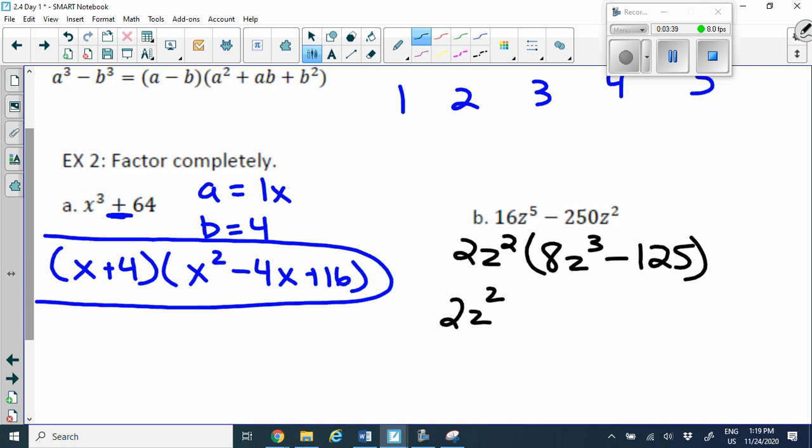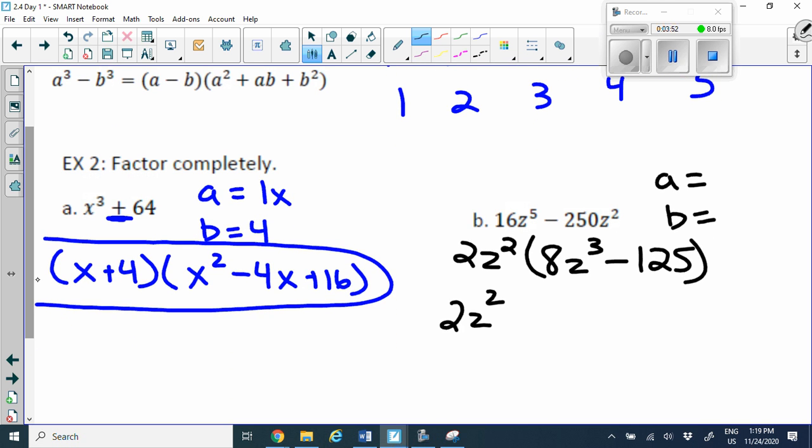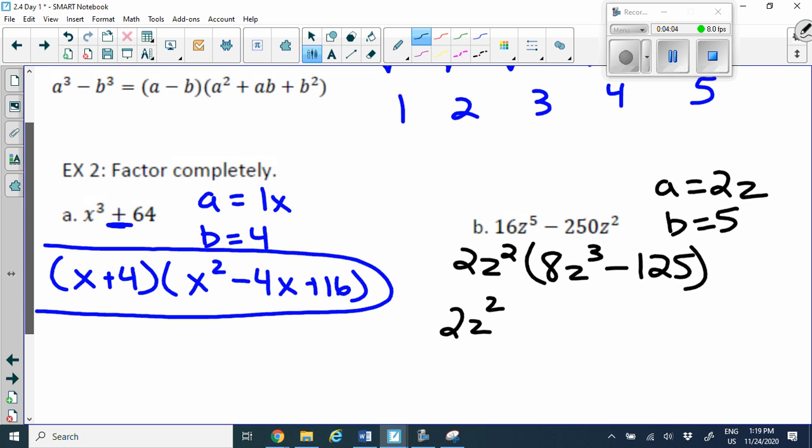Now let's identify our a and b values to help us out. For the a value, we need to take the cube root of 8, which gives us 2, and the cube root of the variable is just the variable. For b, the cube root of 125 is 5. Now we follow our formula: a minus b, so 2z minus 5.